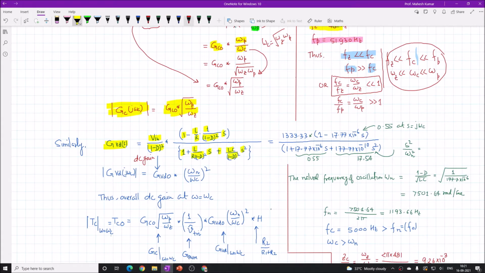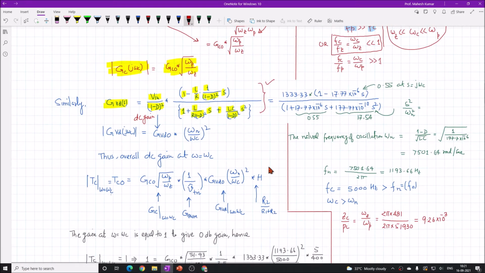This we have already derived previously. Now substitute s equal to j omega, or we can substitute all the parameters in this expression. We will get these terms on the right hand side.